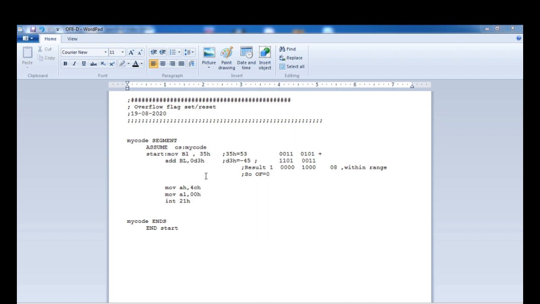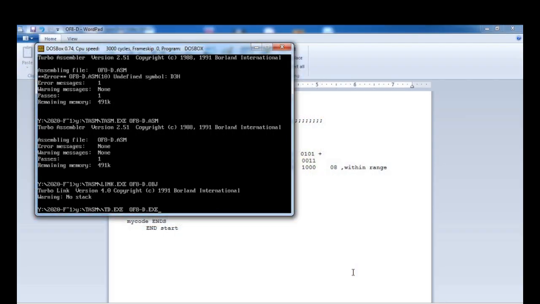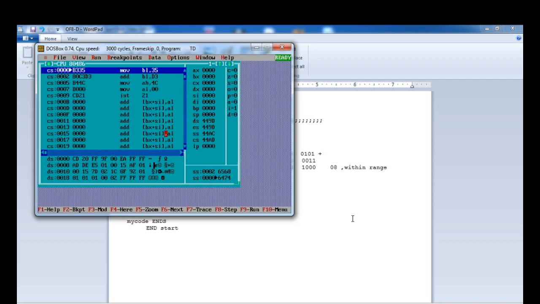Okay, let us run this program. Let us load it with Turbo Debugger. MOV BL, 35H, then ADD BL, D3.